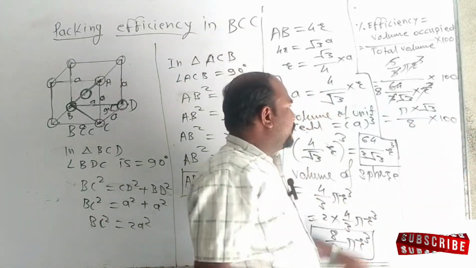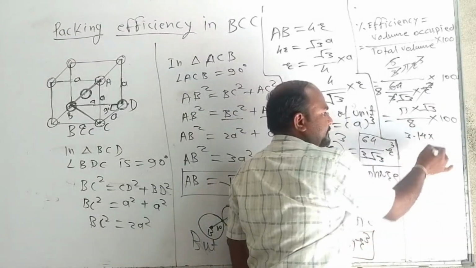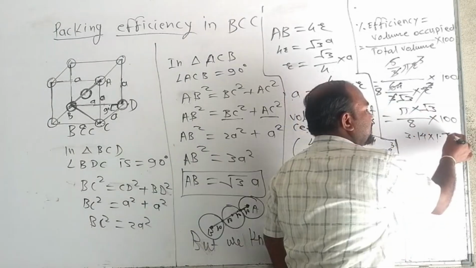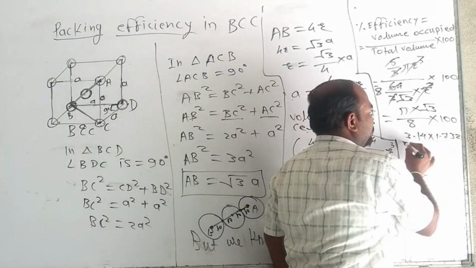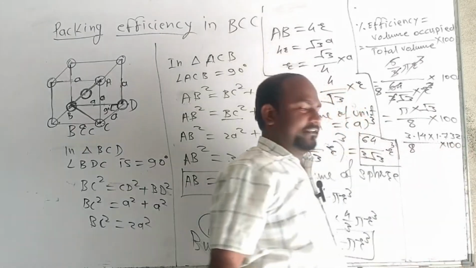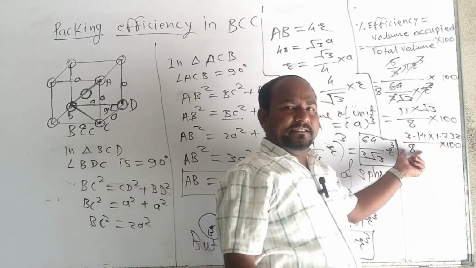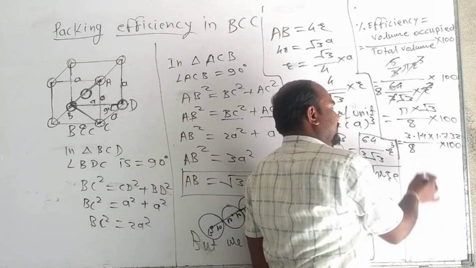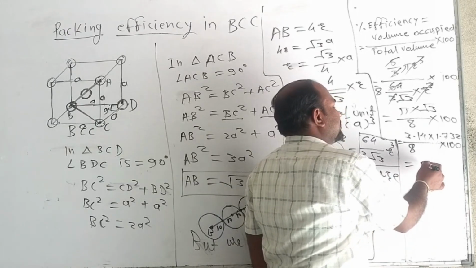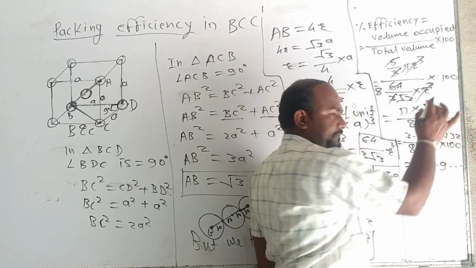Got it? Now we know the value of pi is 3.14, and the value of root 3 is 1.73. Again divide by 8 into 100. If you multiply this and divide by 8 and multiply by 100, the value will be approximately 67.9 something.